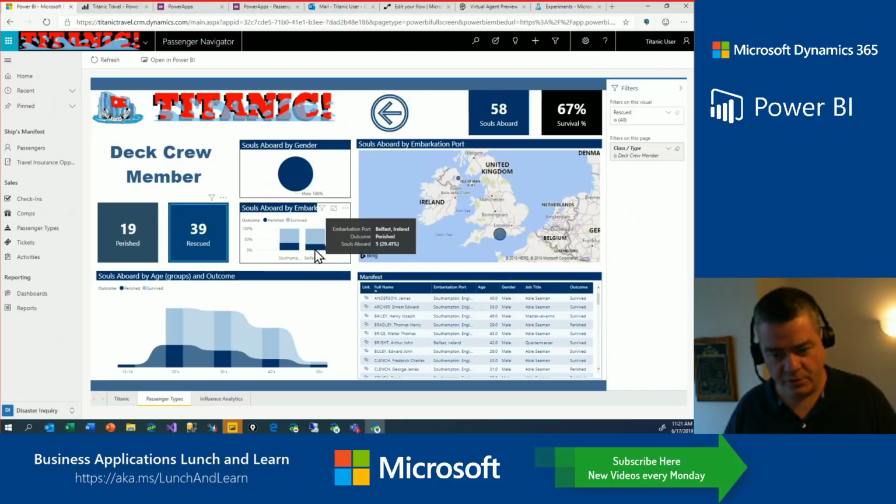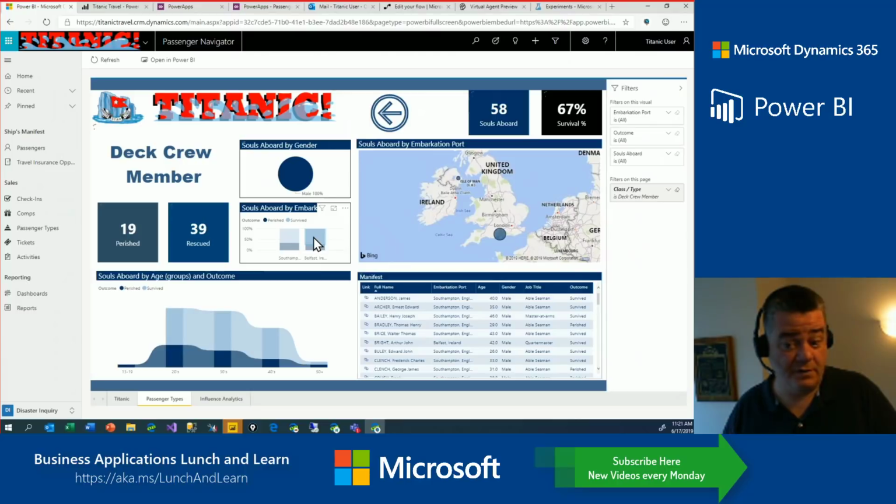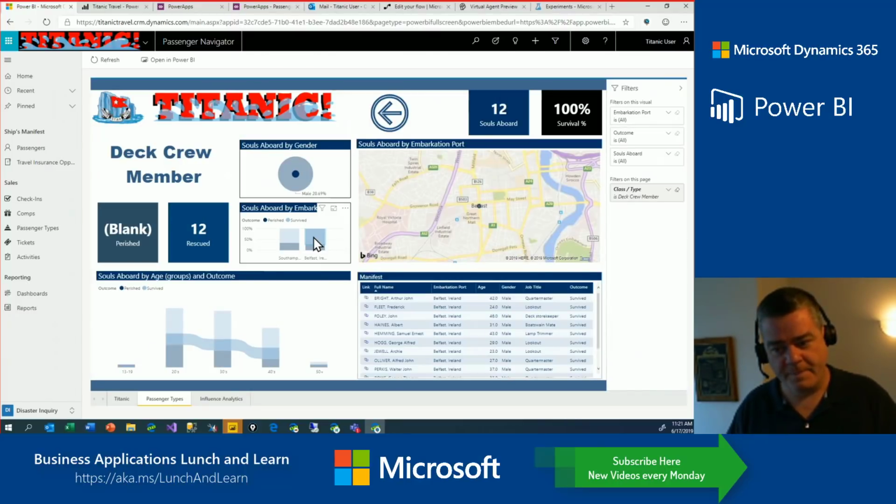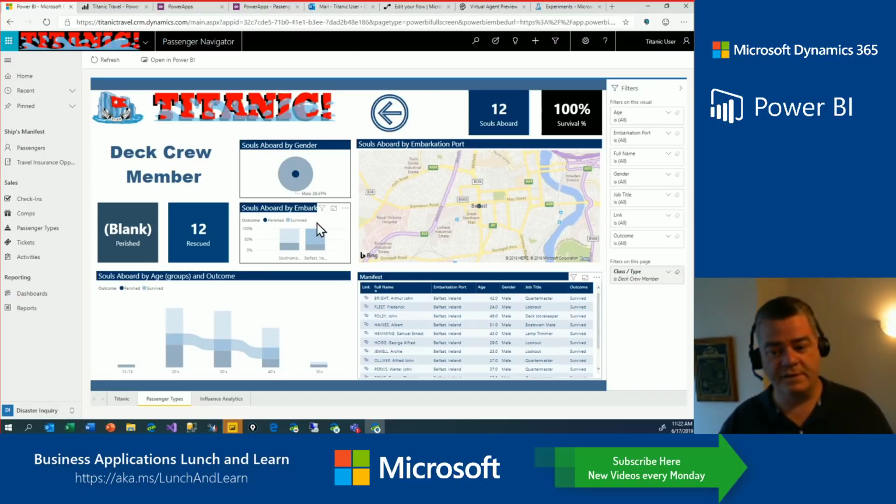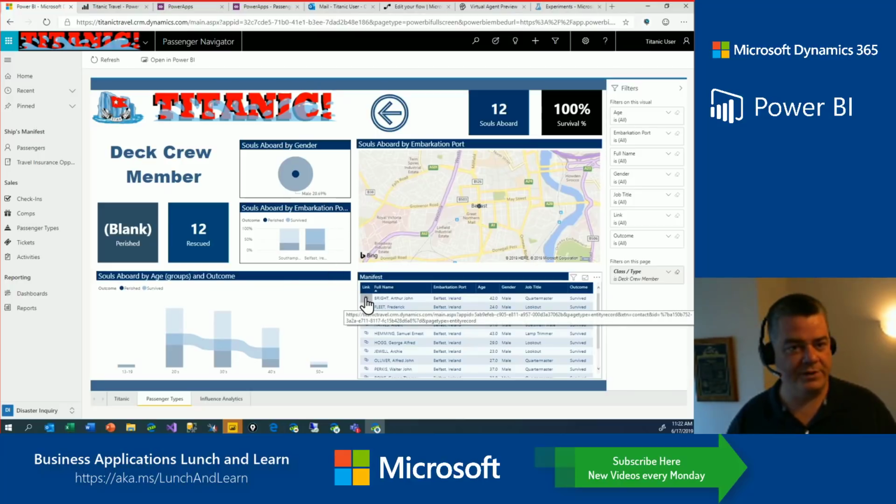Actually, let's look at the ones who were rescued that came from Belfast. I'll filter to just that group. Now we're looking at just Belfast passengers. So as I've brought this in, I've got the manifest, I've got the contacts, and they've even got hyperlinks that could take me to the contact record associated with it.